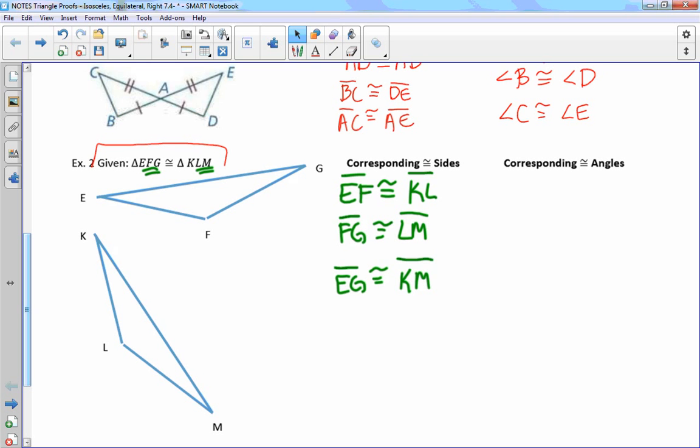Okay, Kevin, do you have one pair of congruent angles for me? Yep. Angle E. E is the first letter, so angle E is congruent to the first letter, angle K. There's another pair of congruent angles.